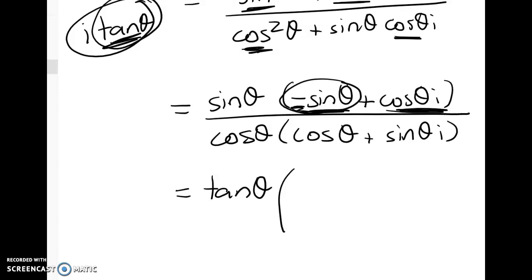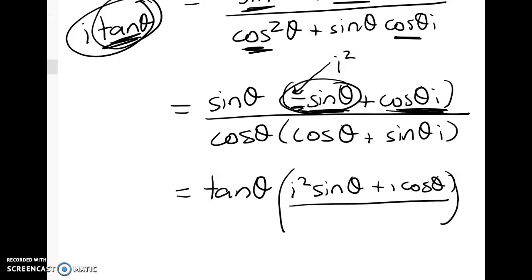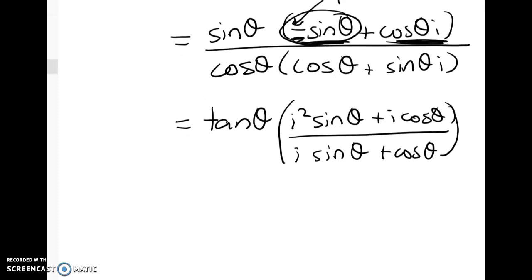Let's write this and spot that that negative 1 is i squared. So I've got i squared sine theta plus i cos theta. And then here I've got i sine theta plus cos theta. Now finally I can see where I'm going.